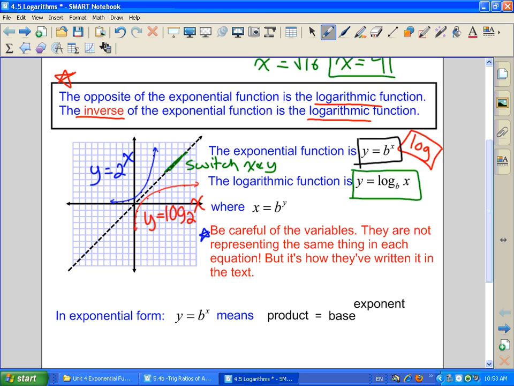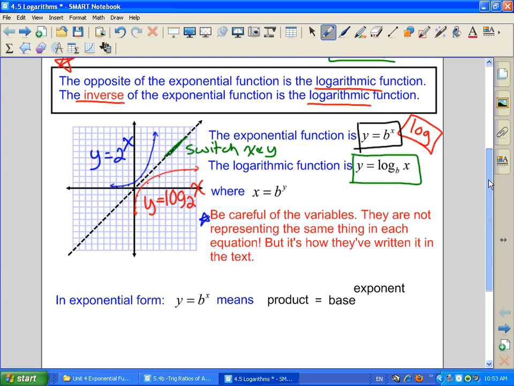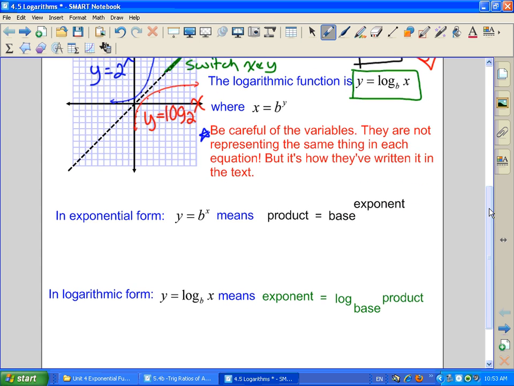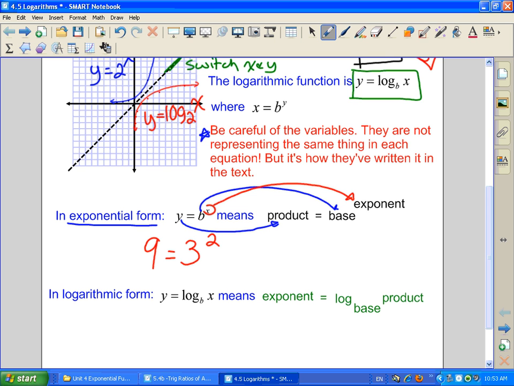So we need to take a look at some examples of this in a little more detail. In exponential form, ladies and gentlemen, the y is the product, the b is the base, and the x is the exponent. So if I write down an example, 9 equals 3 to the power of 2. Just remember that 9 is my product, 3 is my base, and 2 is my exponent.